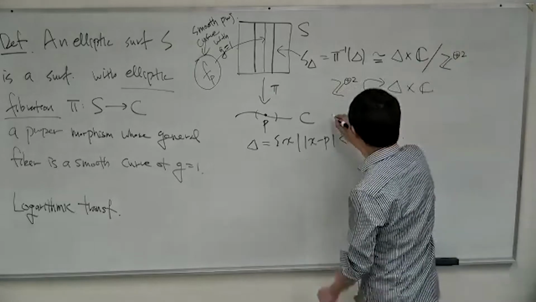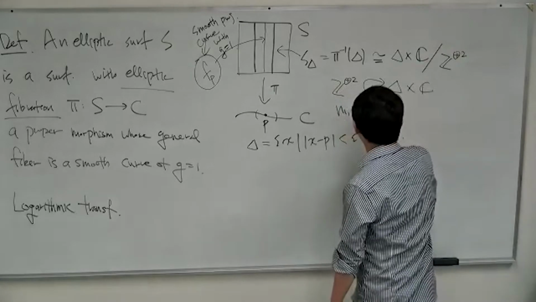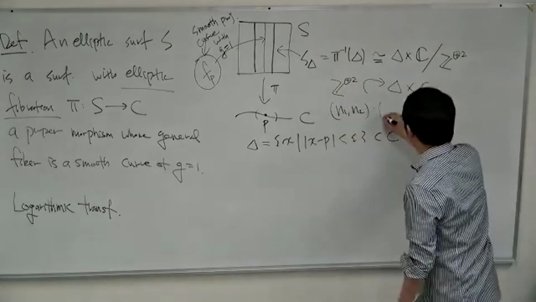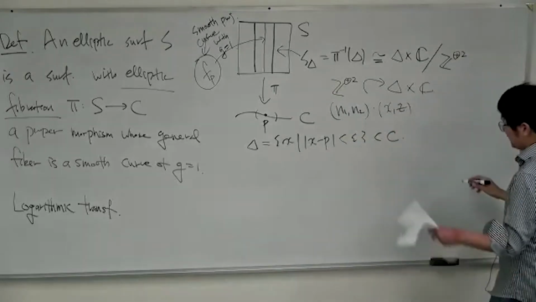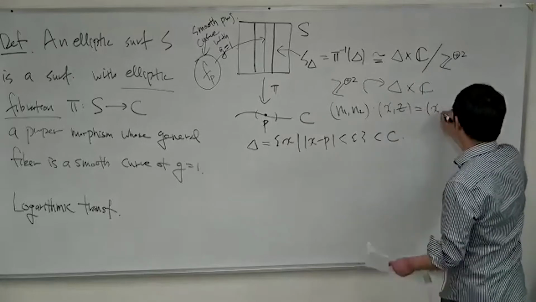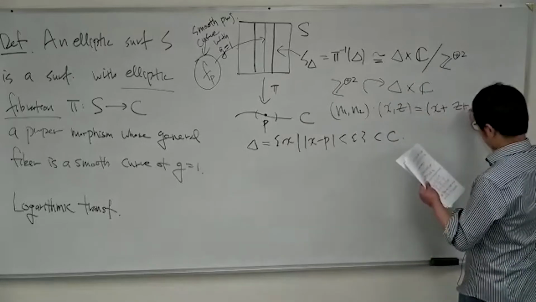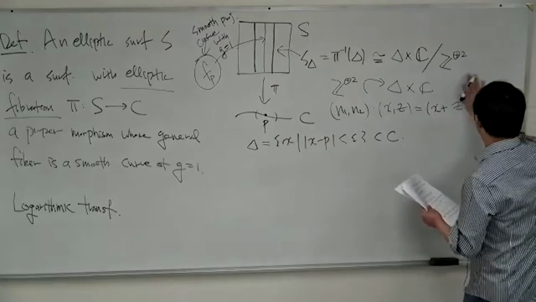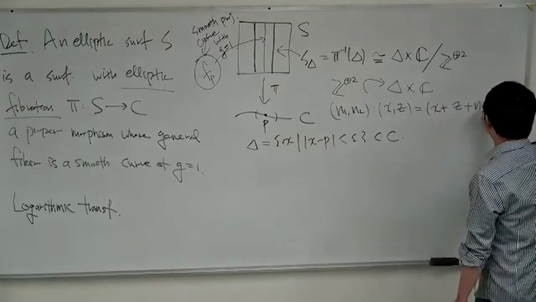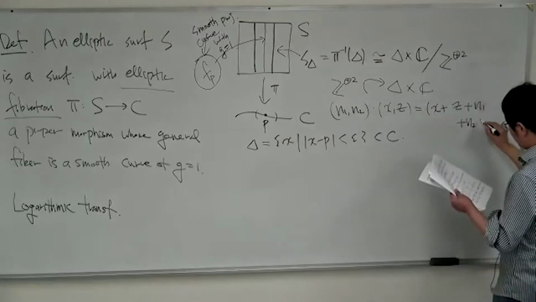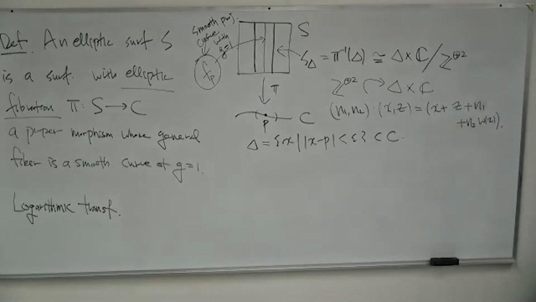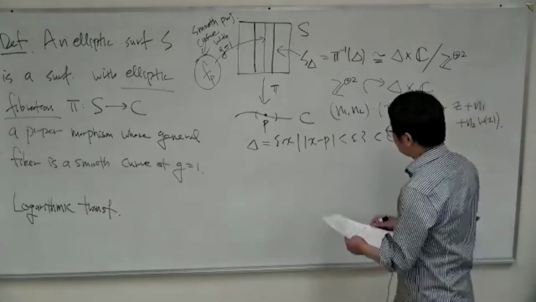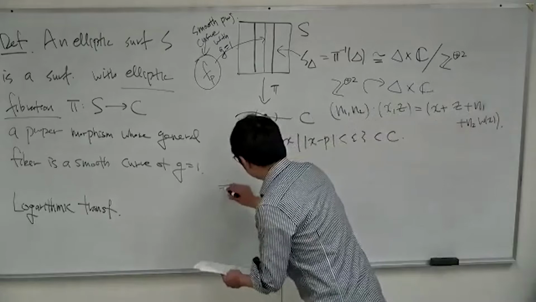So with x, z, where x is the coordinate for delta and z is the coordinate for C, this is nothing but x, z maps to x, n1 plus n2 z. So anyway, I can define this action.